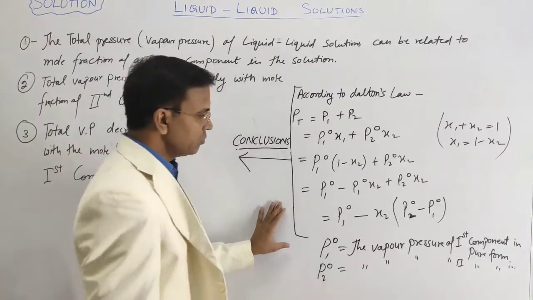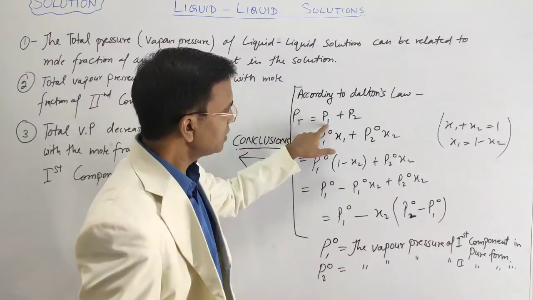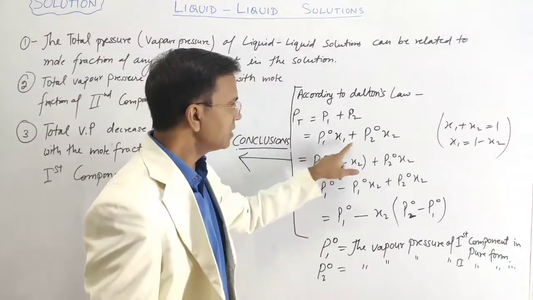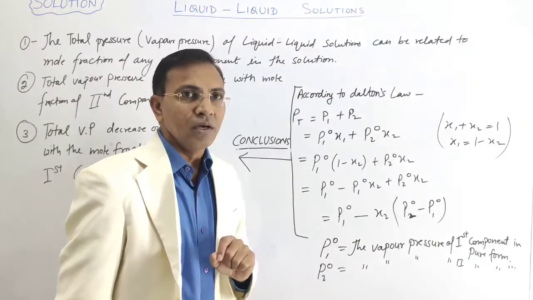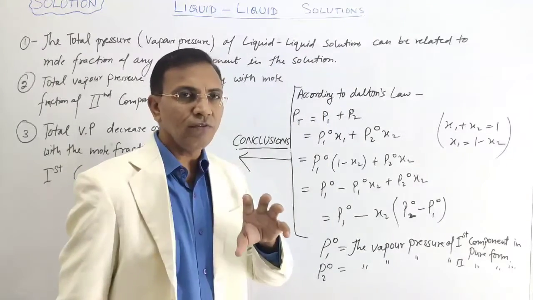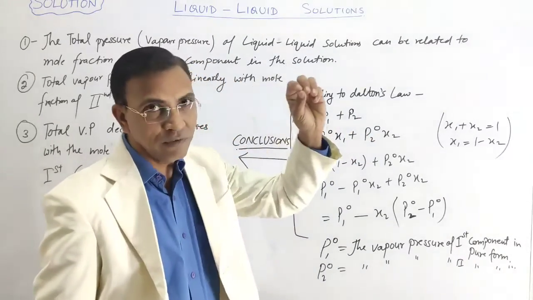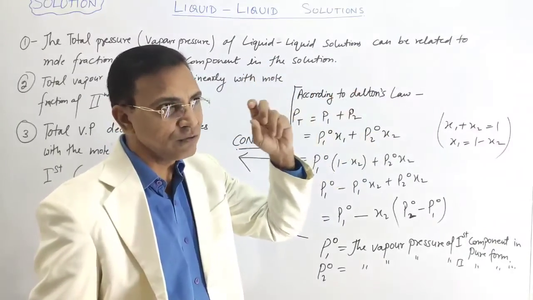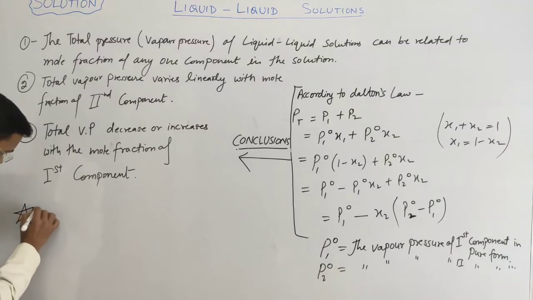Now the next is, if we are going to see, this is the total pressure, these are the partial pressures, these are the pure vapor pressures, and these are the mole fractions in the liquid, right? But vapors are there in the vapor state, so mole fraction of each component must be there in vapor phase also, right? For the mole fraction in vapor phase, the formulas are here. Note.